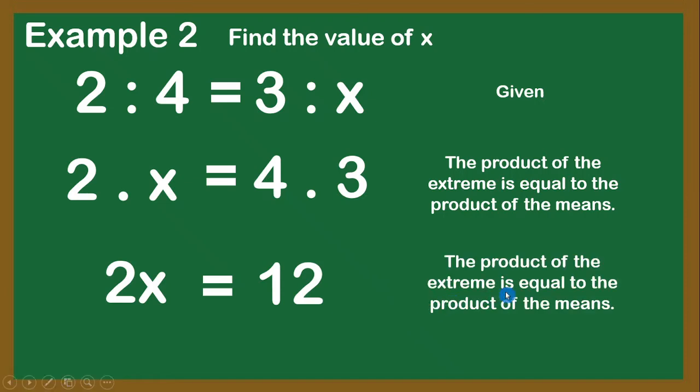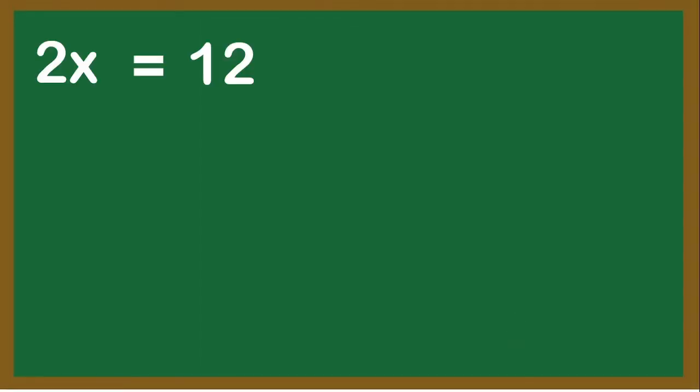Again, we apply the product of the extremes is equal to the product of the means. Now let us take our given: 2 times x equals 12 as the product of the extremes and the product of the means. Let us find the value of x.